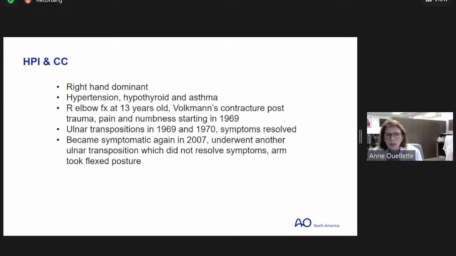So one quick case study: a 57-year-old female, right hand dominant, with hypertension, hypothyroid, and asthma, with a right elbow fracture at 13 years old. She'd had ulnar nerve transpositions in 69 and 70. Most of her symptoms resolved, but she became symptomatic again in 2007, had another ulnar nerve transposition, but it did not resolve her symptoms.